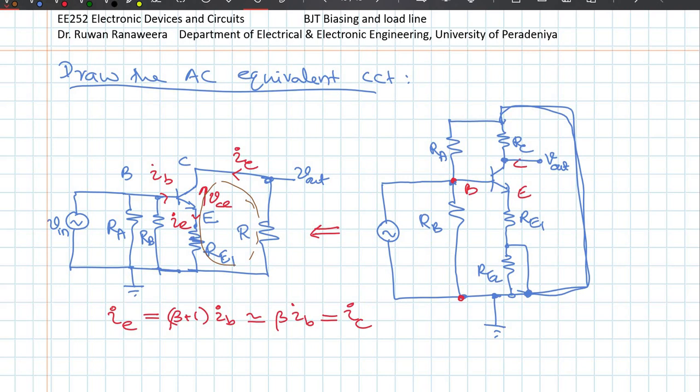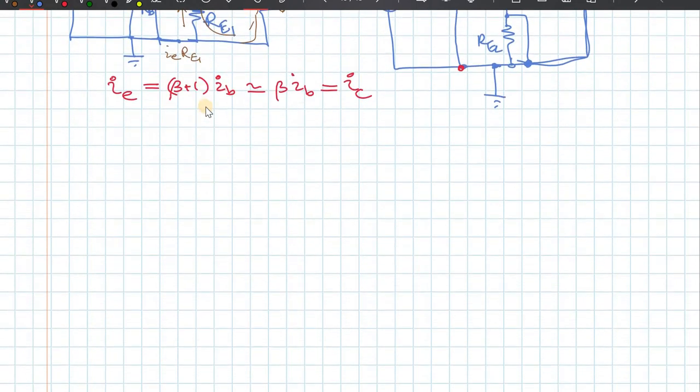So what are the voltages you have? You have this voltage, which is IE times RE1, and this is VCE, I have that, and I have this voltage, because the current flows from here to there, so the voltage is in the opposite direction, IC RC. Okay, so let me write the expression, apply Kirchhoff's voltage law to the CE loop to draw the AC load line.